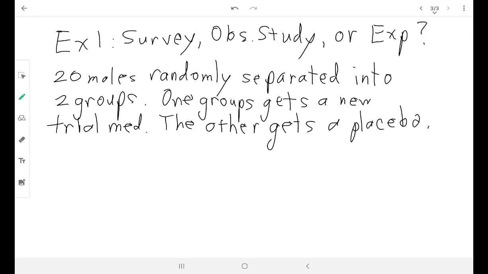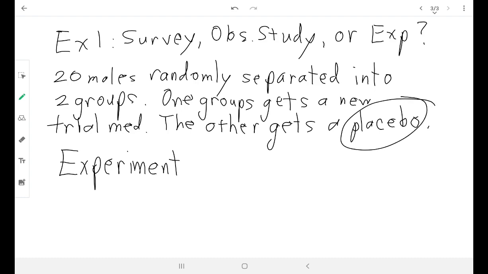Now, right away here, you should see that there's a giveaway here, and it's that word placebo. Anytime you're talking about giving one group a placebo, then you're talking about an experiment. So the word placebo really tells me that this is an experiment.